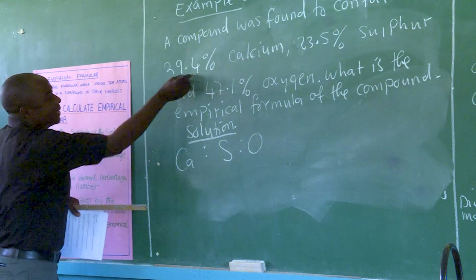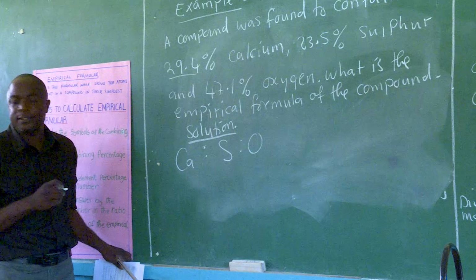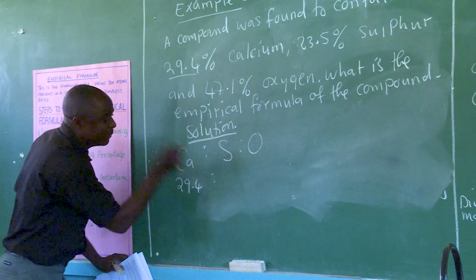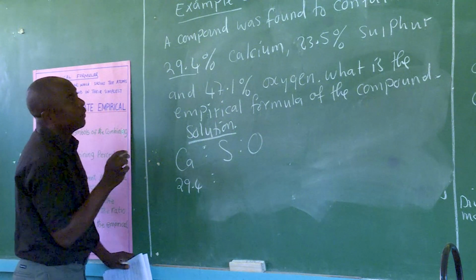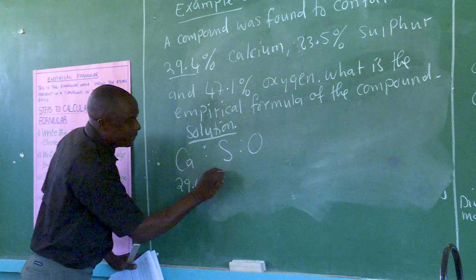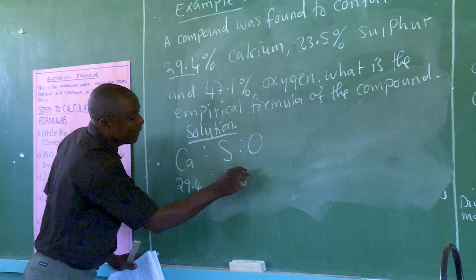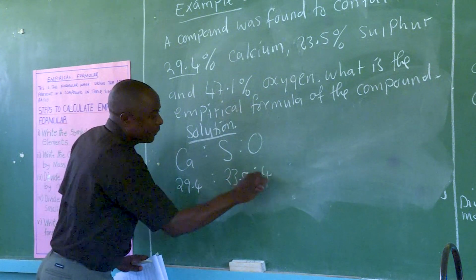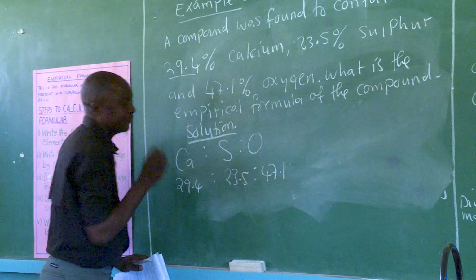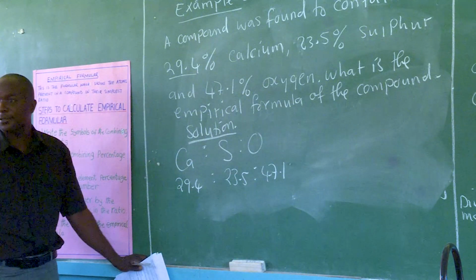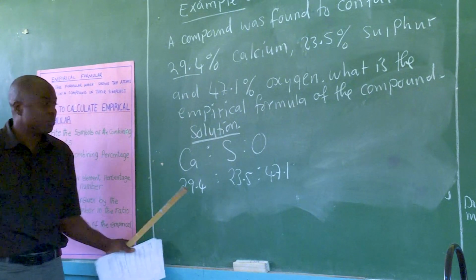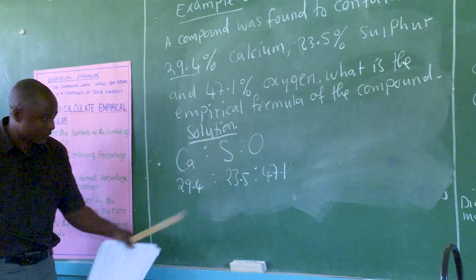What is the percentage by mass of calcium? We have been told it is 29.4. For sulfur, it is 23.5, and for oxygen, it is 47.1. This is what we have. The second step: divide each of these by their mass numbers.